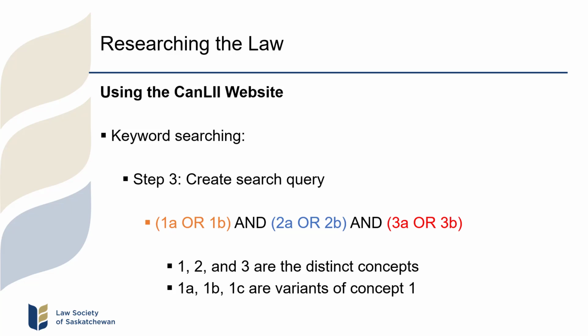Now, each of the distinct concepts may have multiple synonyms or ways to express that concept. So, for example, (1A OR 1B) enclosed within brackets, (2A OR 2B) enclosed within brackets, (3A OR 3B) enclosed within brackets.